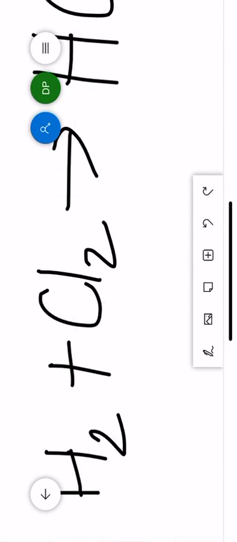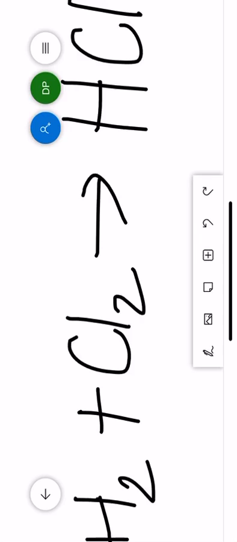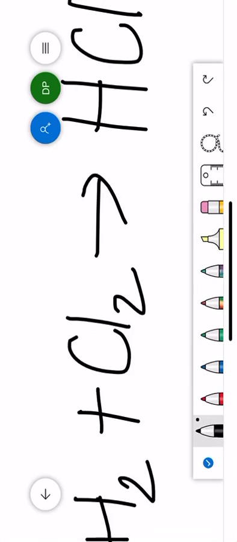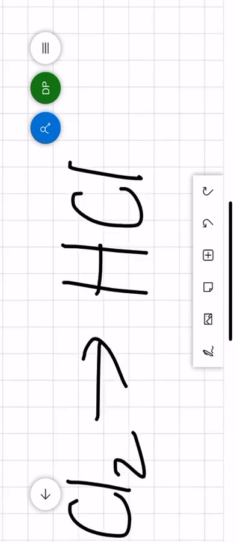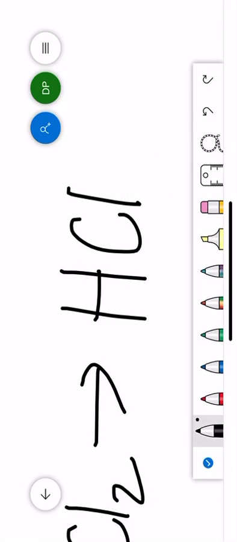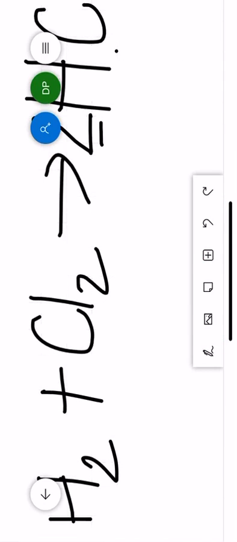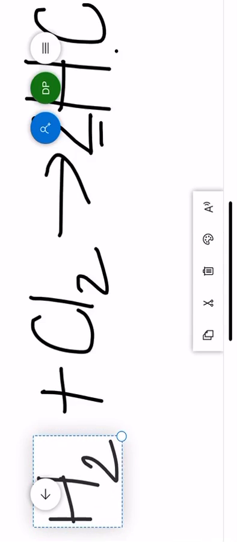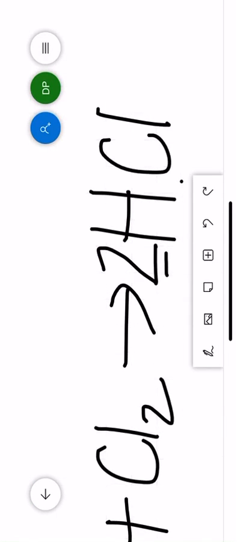There are 2 atoms of hydrogen and 2 atoms of chlorine, so I need it to all be 2. When you're balancing an equation, you can never change the small numbers, only write a number at the beginning of the formula.